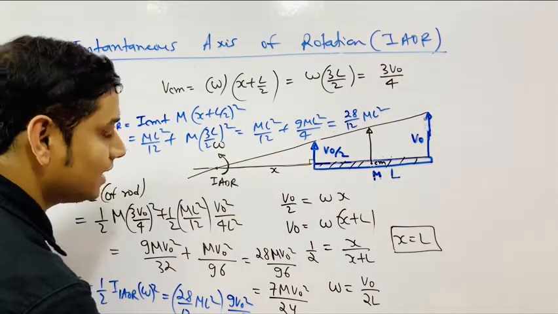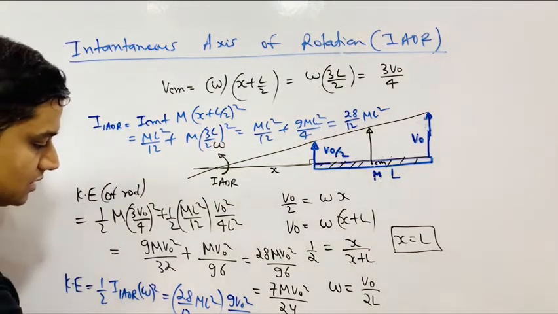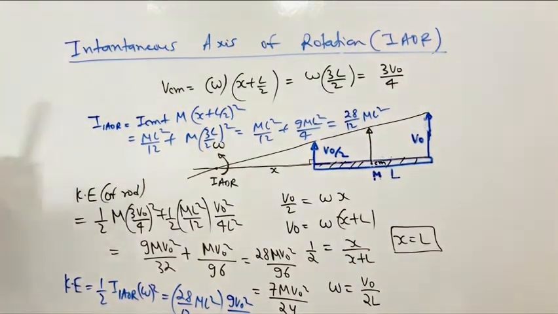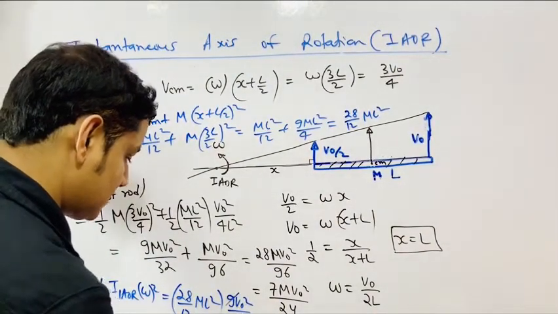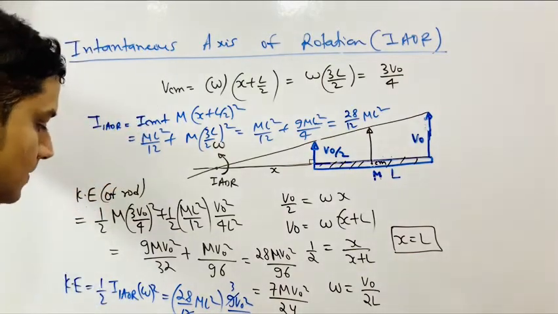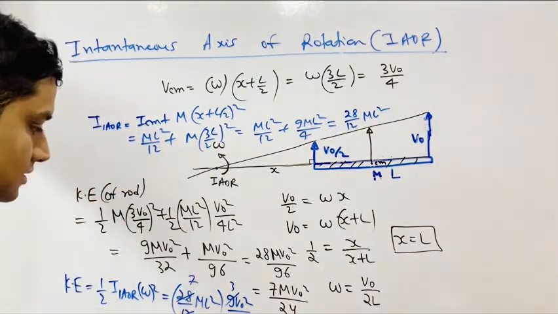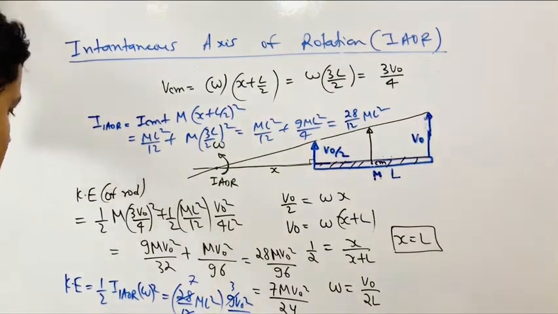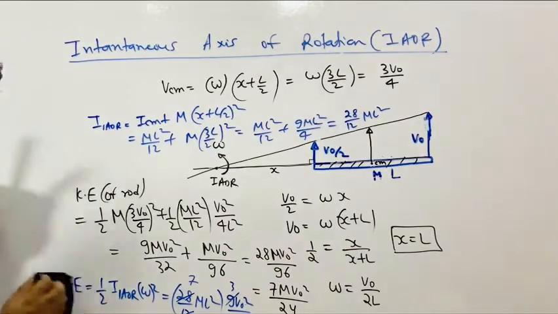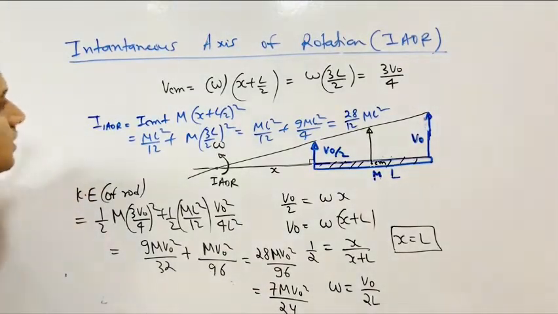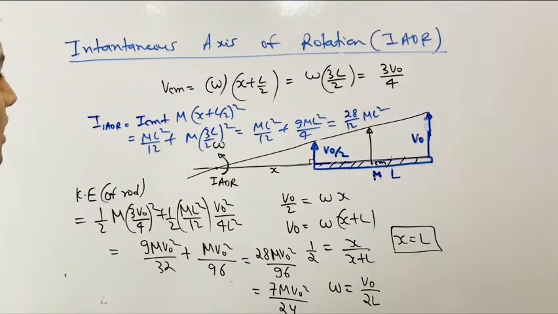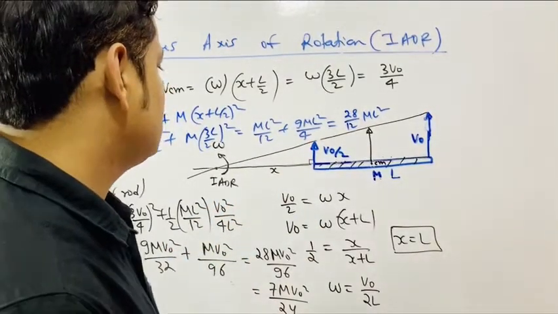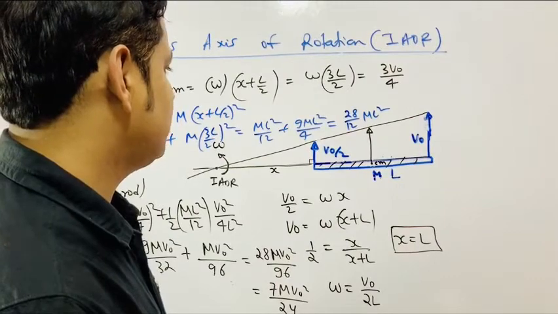Place it here, 28 by 12 ml square into omega square, meaning 9 V naught square by 16. Just a minute. ml square by 12 plus m into 3L by 2 whole square means ml square by 12 plus 9 ml square by 4, that is 28 by 12 ml square, correct?